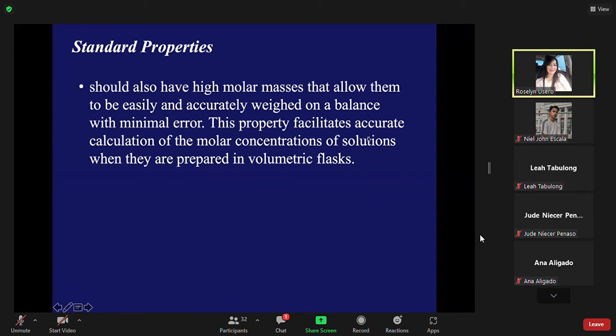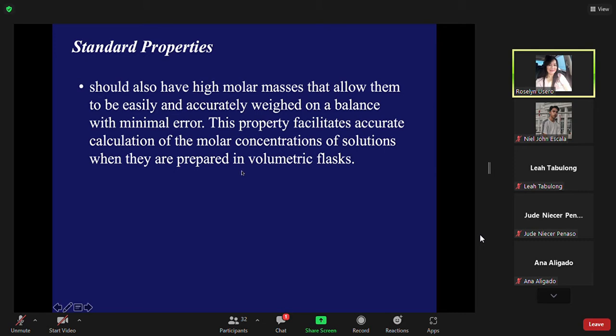This property facilitates accurate calculation of the molar concentration of solutions when they are prepared in, take note, volumetric flasks. Whenever you prepare standard solutions with different concentrations, be it a primary or a working standard, always use volumetric flasks.